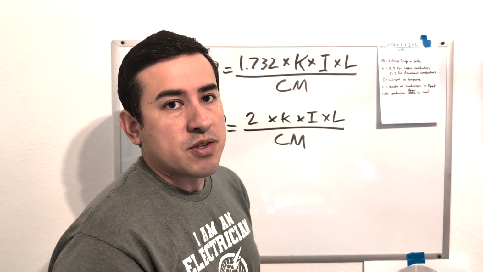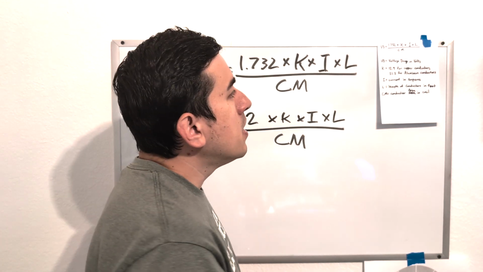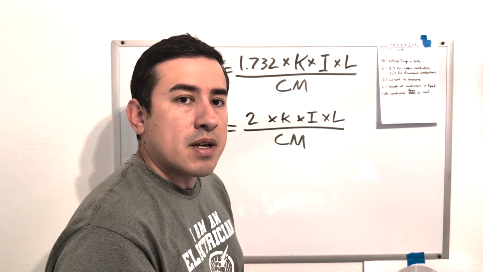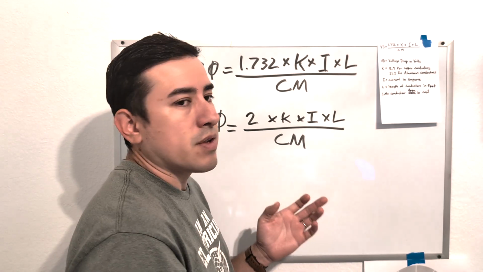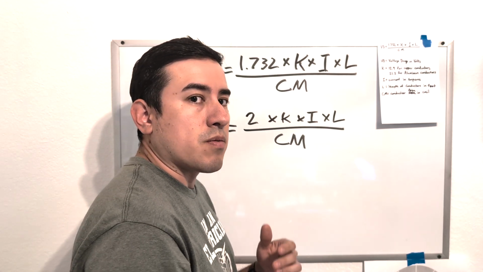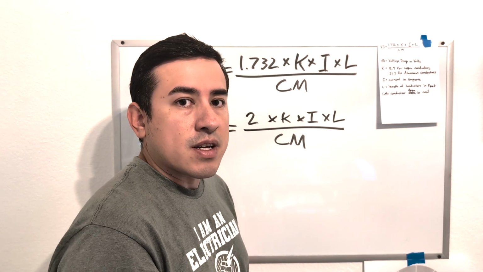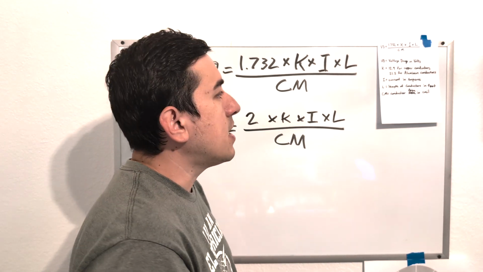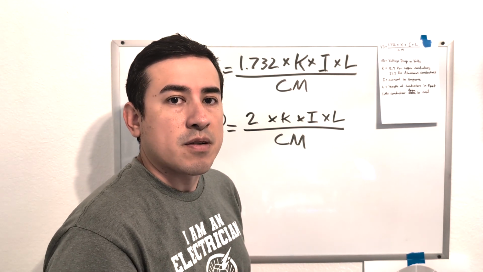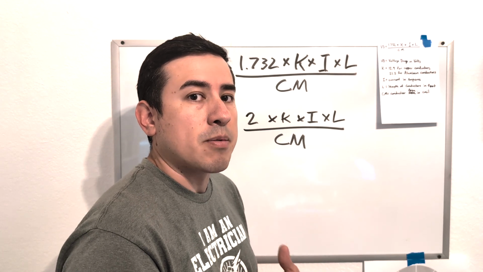And then for aluminum, it's 21.2. Those are always the same. Your I is your current in amps. So whatever the load is on your conductor, that's the one you're going to want to put in here. L is for the length of the conductor in feet. And then Cm is the conductor area in circular mils, which we saw. Again, that's the information you get from Chapter 8.